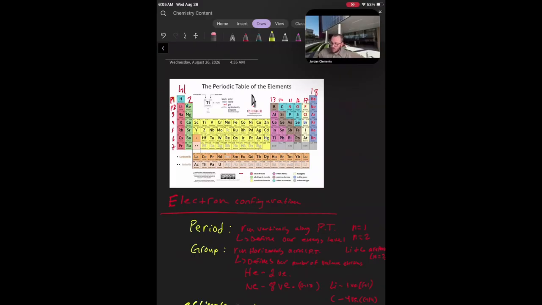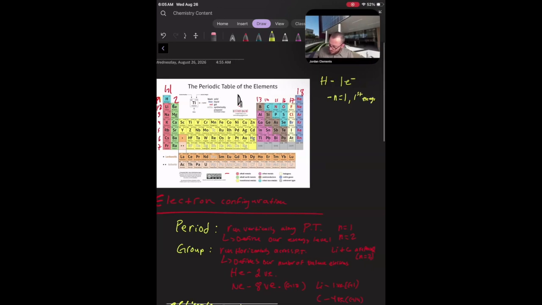So let's look at hydrogen, for example. Hydrogen has 1 electron, and it's in the first energy level, so n equals 1. And we always will fill in order of lowest to highest energy.